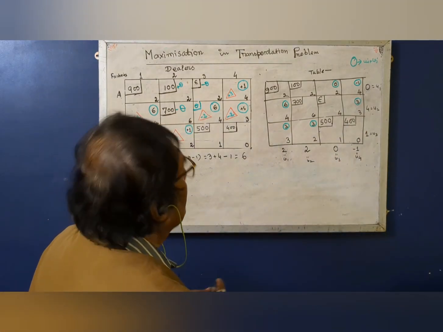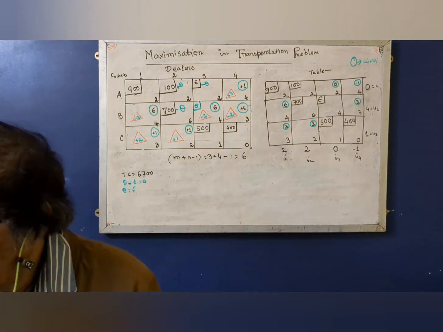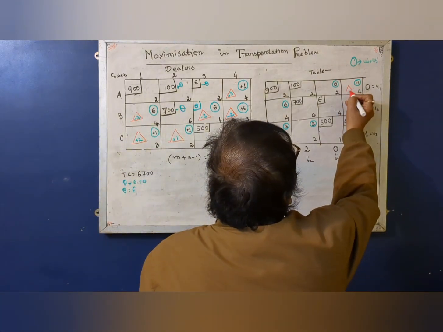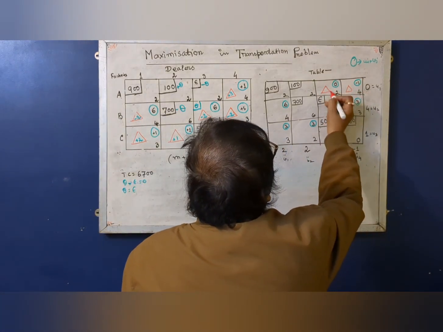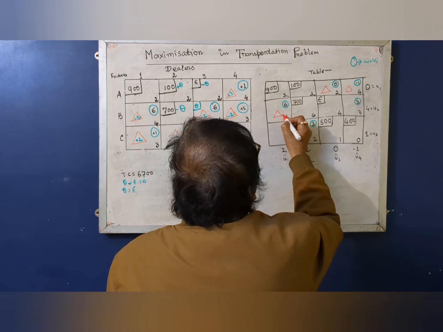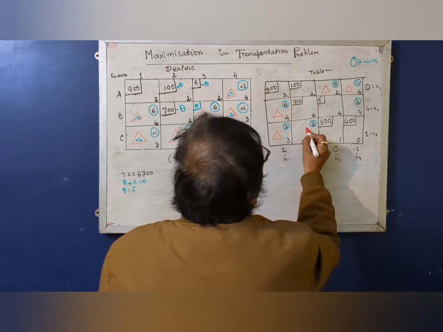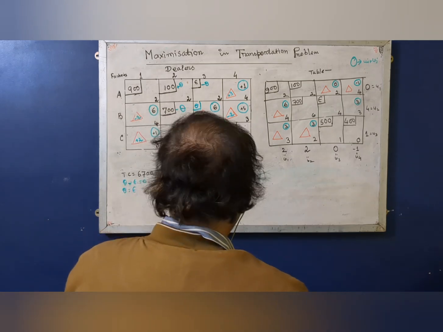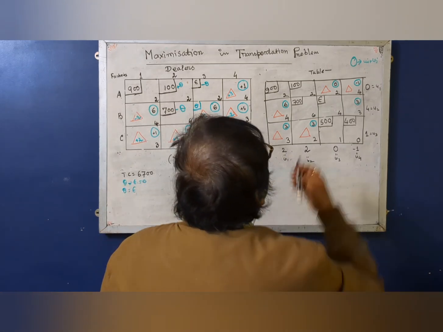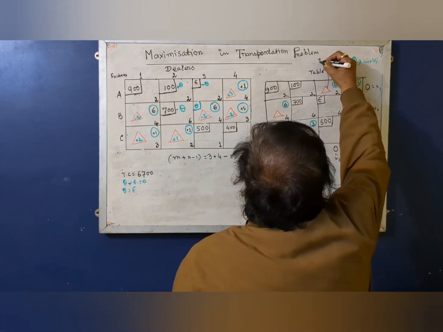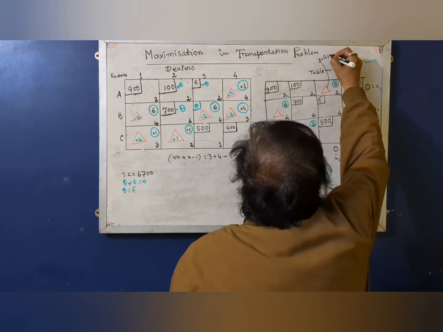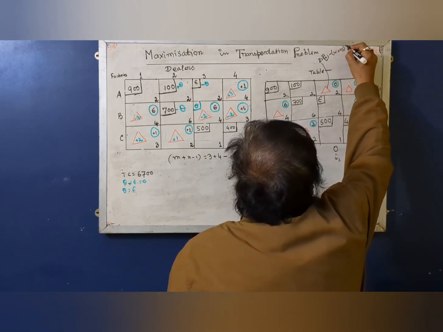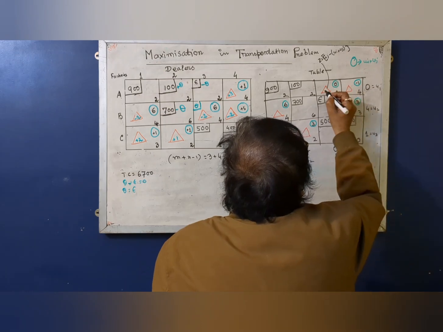And finally, you have to find out the value of the triangles. This is a triangle, this is a triangle, this is a triangle; these are non-basic cells. And you have to find out the value of Cij. Z is equal to Cij minus (Ui plus Vj). In that case, 2 minus 0 is 2.